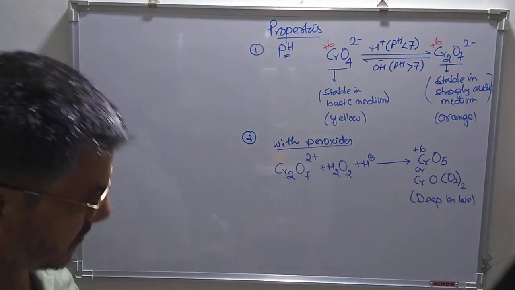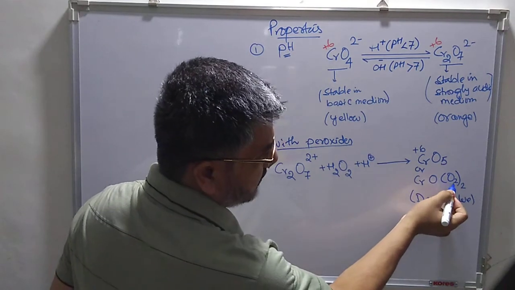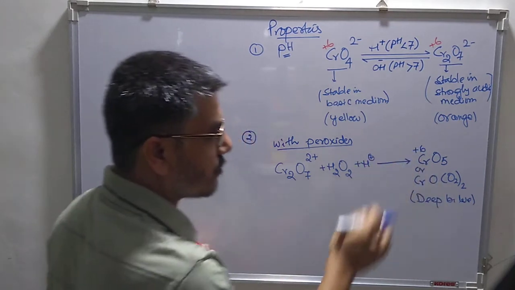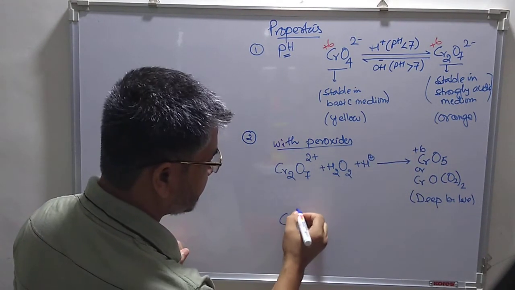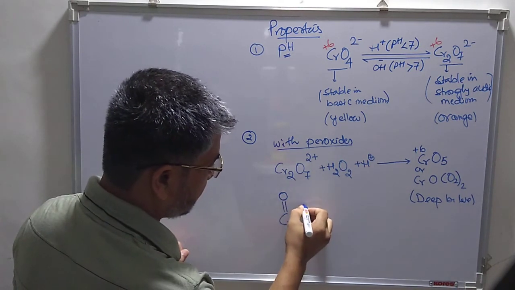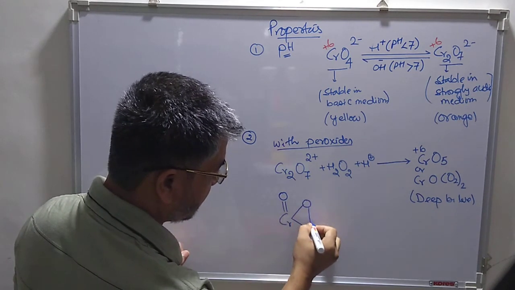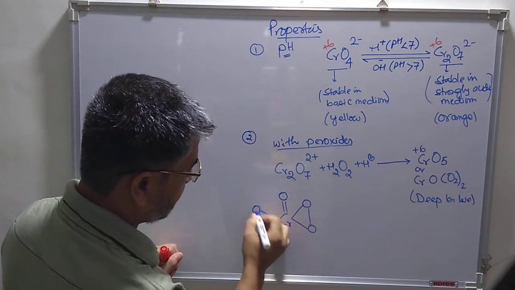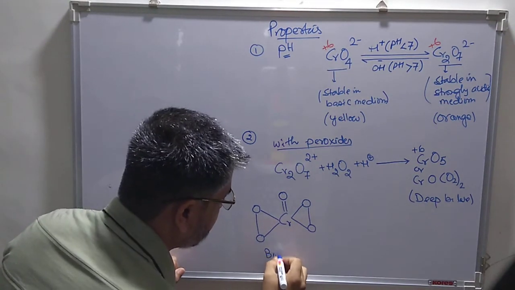Now if you look at this chromium peroxide, we have 4 oxygens as peroxide ions and 1 oxygen as normal oxide. So if you look at this structure, we have this. This is what we call the butterfly structure.